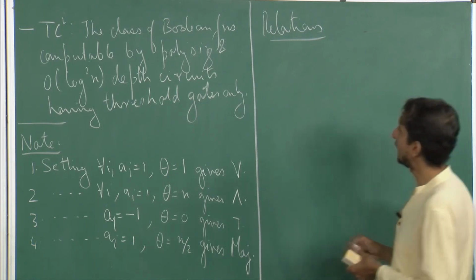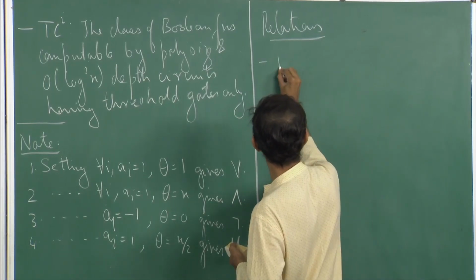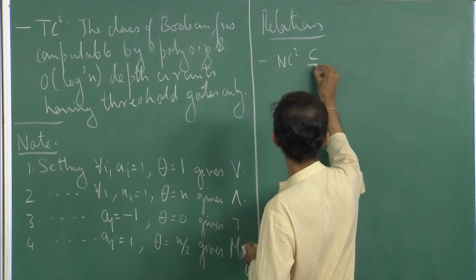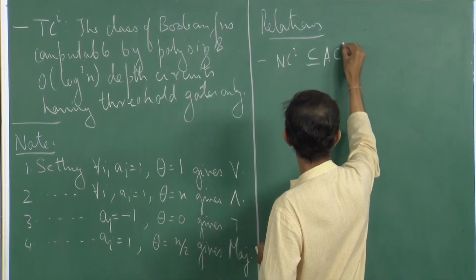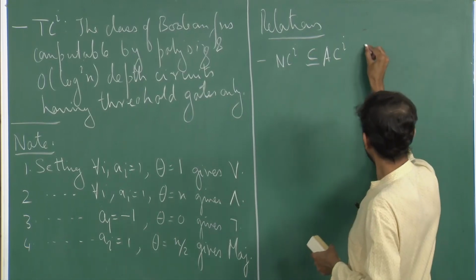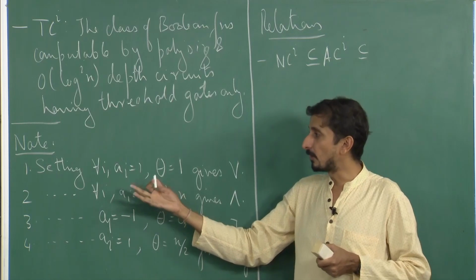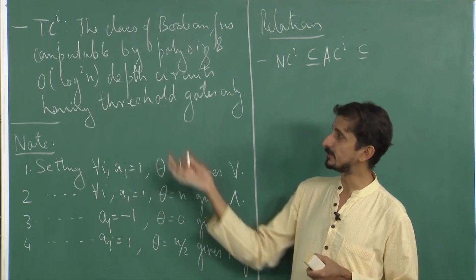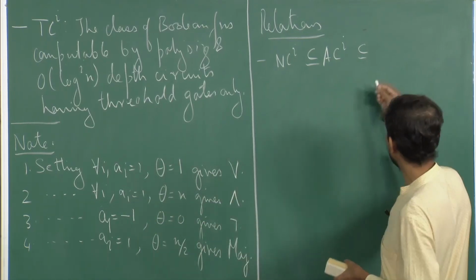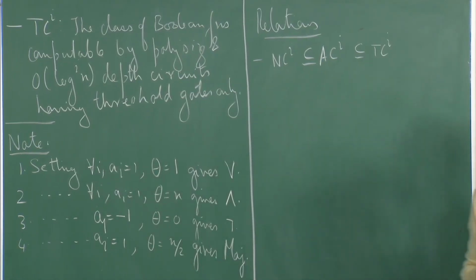By definition we have that NCi is contained in ACi, right, because this is bounded and this is unbounded. And because we just saw that unbounded AND, OR and NOT can be simulated by threshold circuits, we have that ACi is in TCi. Okay.